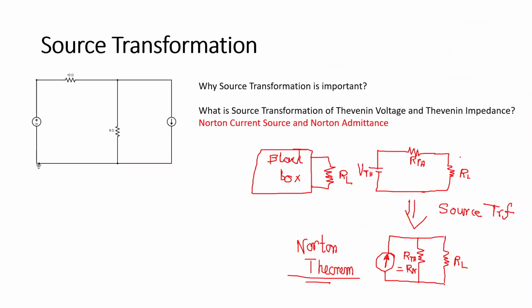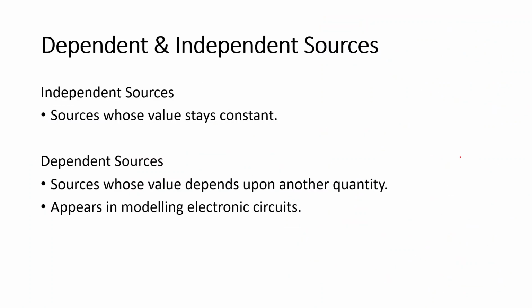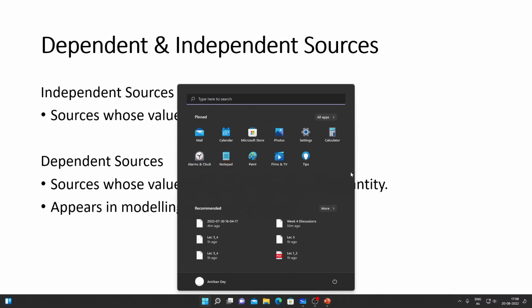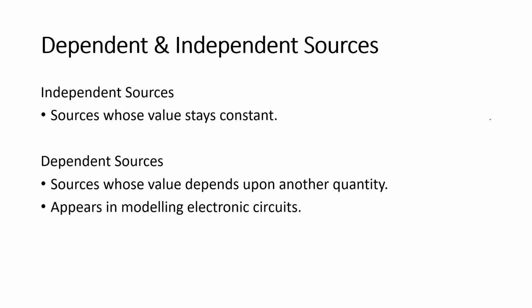Okay. So next we have dependent and independent sources. Independent sources are those sources where the source value remains constant. Suppose we have a voltage source of, let's say, 5 volts.